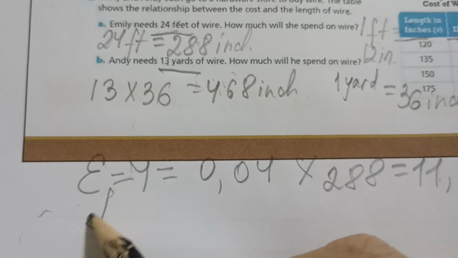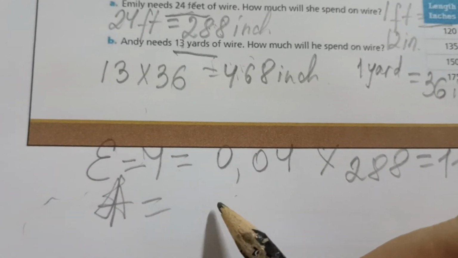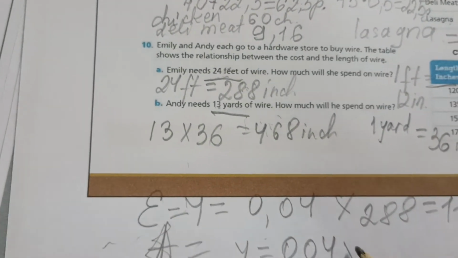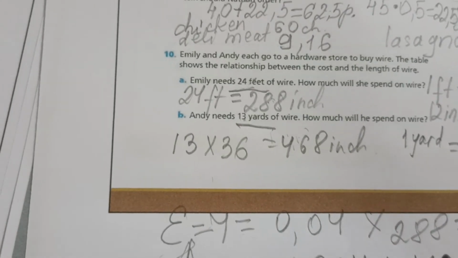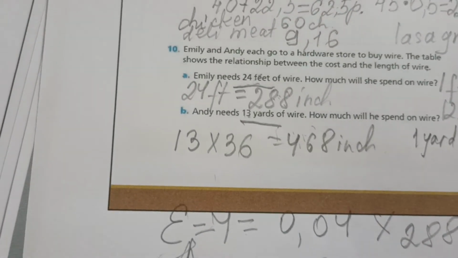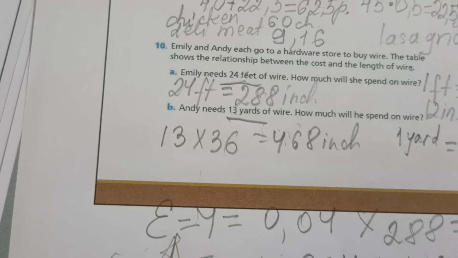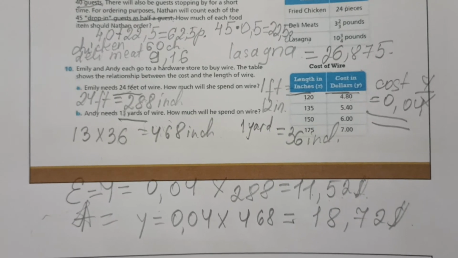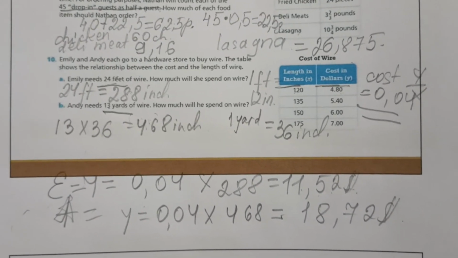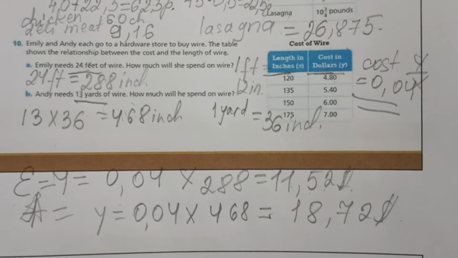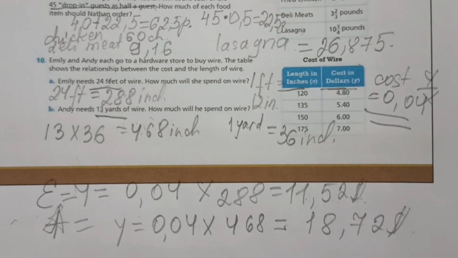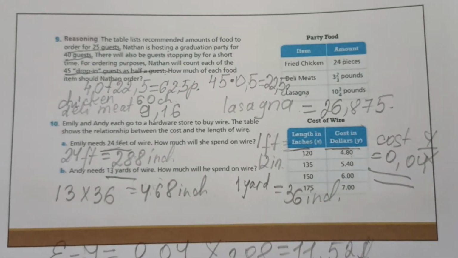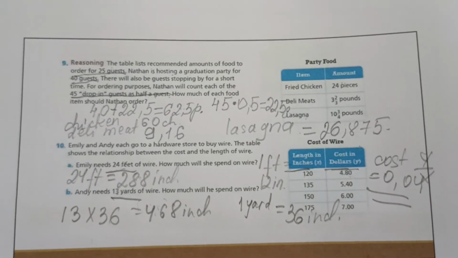Now Andy, again we are writing the same. Y is going to be 0.04 multiplied by 468 inches, and it's going to be $18.72 he's going to spend. Okay, now I'm doing like this. You just stop the video and finish your calculations. Okay, now let us go to number 11.